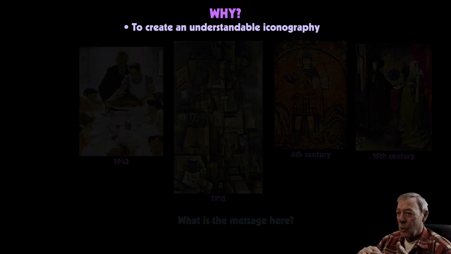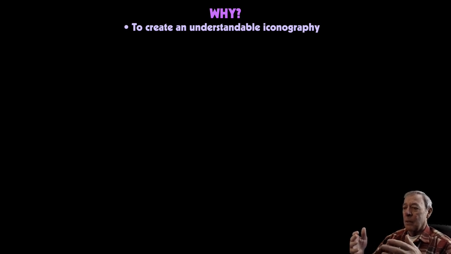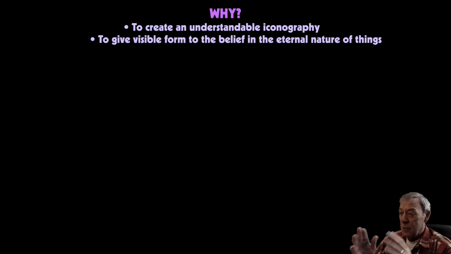Well, they're trying to create an understandable iconography that didn't change from era to era or from artist to artist. Now also another aspect of this deliberate changelessness might be in order to give visible form to the belief in the eternal nature of things.